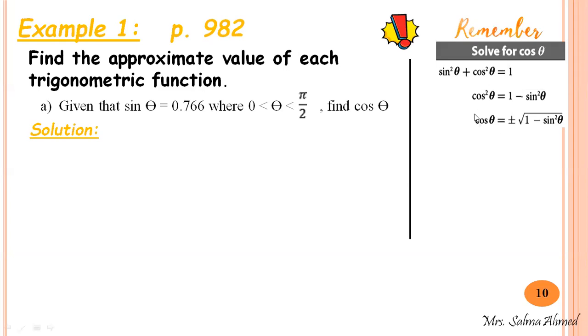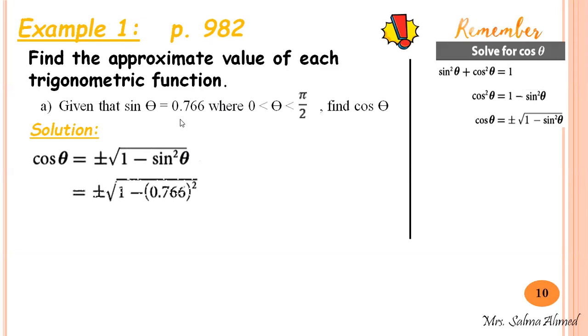So I'm going to deduce that cosine theta equals positive or negative root 1 minus sine squared theta. I'm going to substitute sine squared theta by this number squared. So it will be positive or negative root 1 minus 0.766 all squared. By using your calculator, cosine equals positive or negative 0.643.